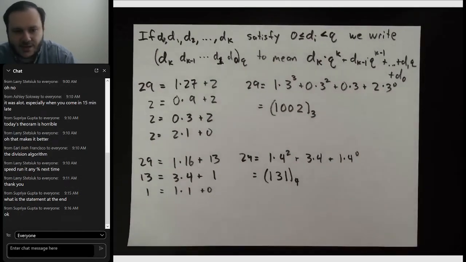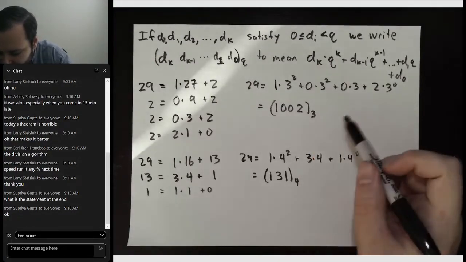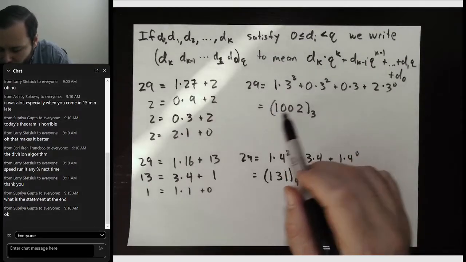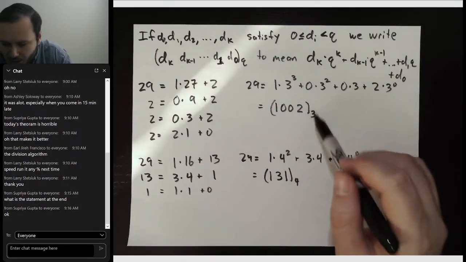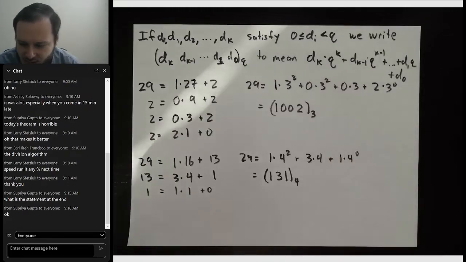So the idea of alternate bases is that I can write my number using only the digits 0, 1, 2, all the way up until q minus 1. And the division algorithm says that we could always do this. For any base that you want to use, I can write a number just using those digits.